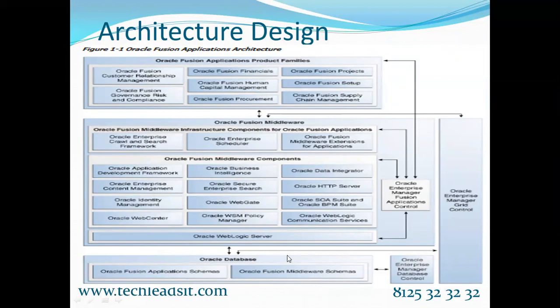Here, each layer communicates with Grid Control, Oracle Enterprise Manager Grid Control. This is the best feature: if an application is down anywhere, it will send an alert to the respective team. So whichever application, component, or layer is down is shown at the Grid Control level. Okay, this is somewhat the architecture design of our Fusion application.